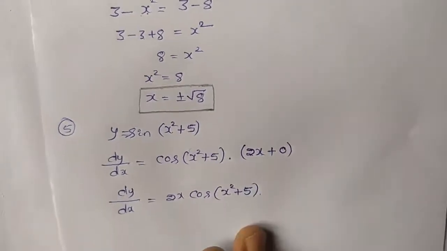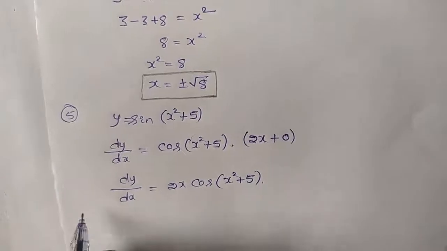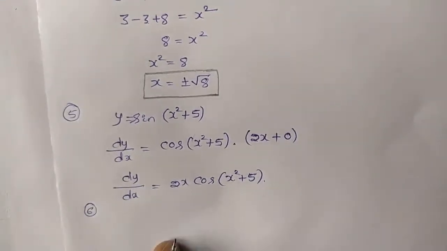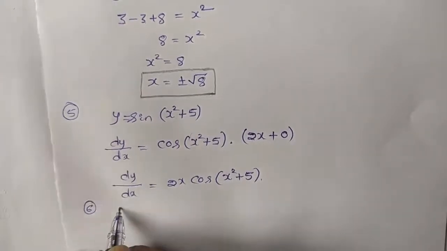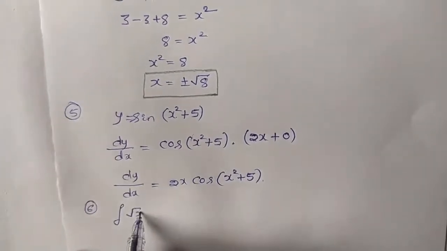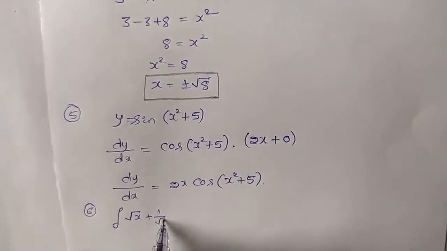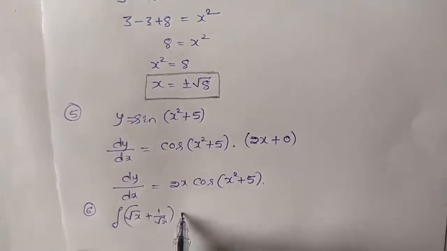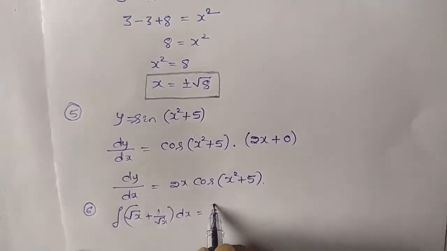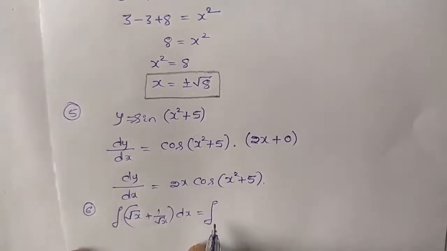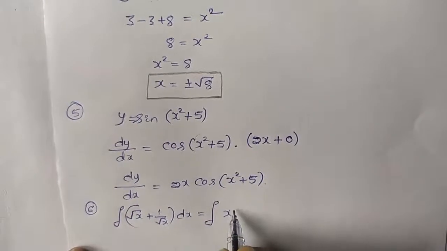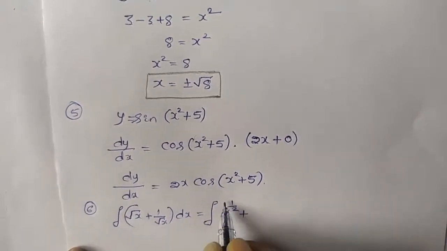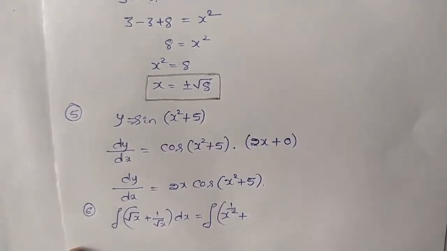Next, see the sixth question now. Find the integration of root x plus 1 by root x. Let us integrate: integration of root x, which is written as x power 1 by 2, plus 1 by root x.